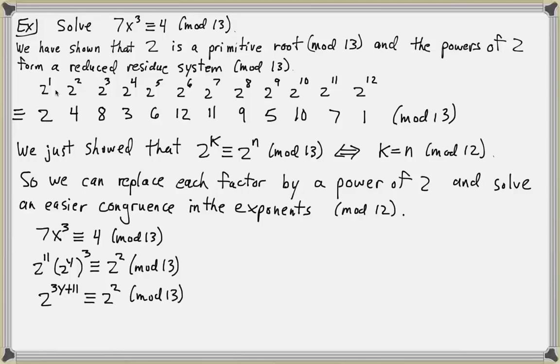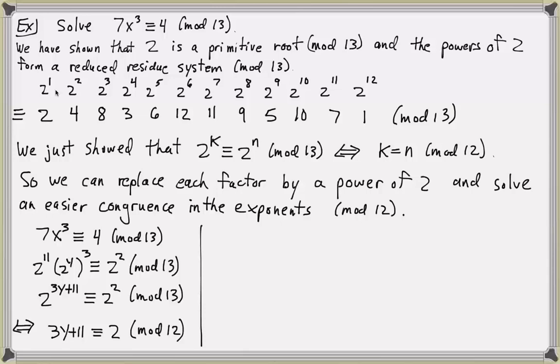But this congruence is equivalent to 3y plus 11 is congruent to 2 mod 12. So if I solve this congruence, then I can plug y back in and solve for x in the original congruence.